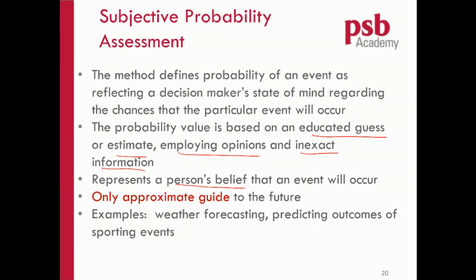So subjective probability is very subjective. From person to person, it may not be the same. So you can only use it as an approximate guide to the future. Examples are weather forecast, sporting events like who will win the football match or who will be the champion. You will not know until it finishes, and it's hard for you to collect data as well.